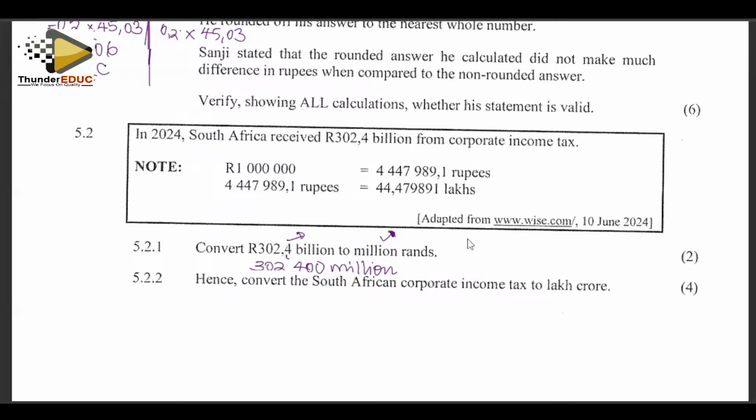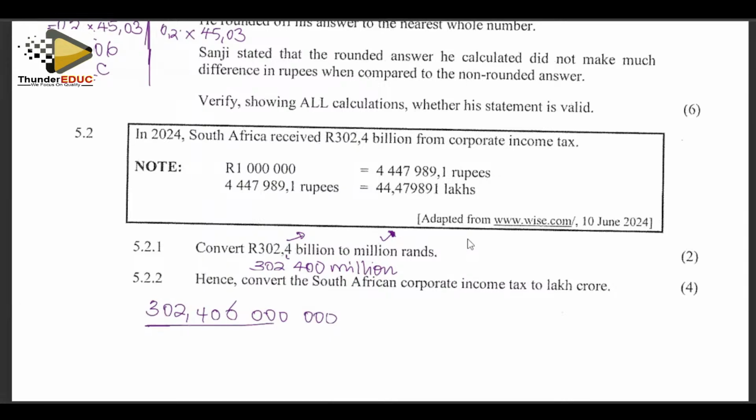The easiest way to understand this, you would say, change it to billions, which is 302.4. Since it's supposed to have 9 zeros and there's a comma here, that means it should have 8. But these are billions. We want them to become millions.